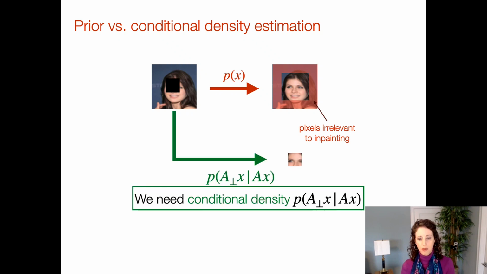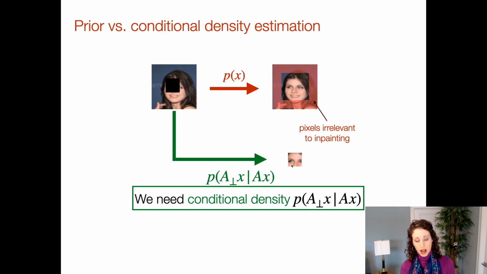So in contrast, you might say, well, what I really care about is trying to understand a conditional density. I want to understand the distribution of the middle portion of the image, or I want to understand the distribution of the missing pixels conditioned on the observed pixels.